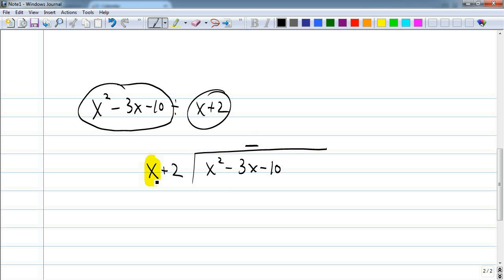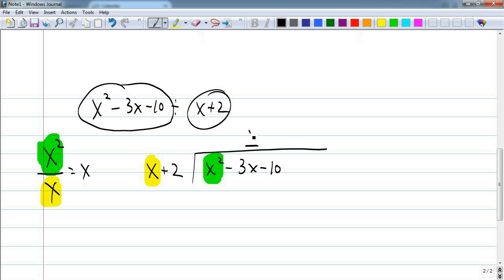So I'm focusing on this leading term, and I start dividing it into the leading term of the polynomial. I am dividing x squared by x. So what's x squared over x? That is x.